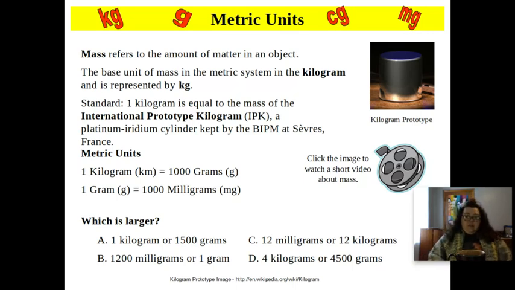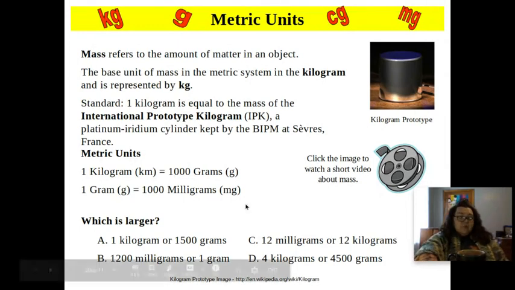That's a platinum iridium cylinder kept in a specific place, just to know what the standard is. So the major thing that you need to know for mass metric units is 1 kilogram equals 1,000 grams, and 1 gram equals 1,000 milligrams.